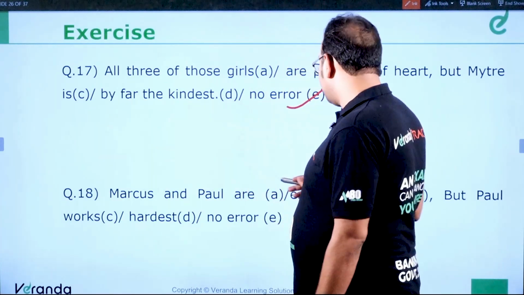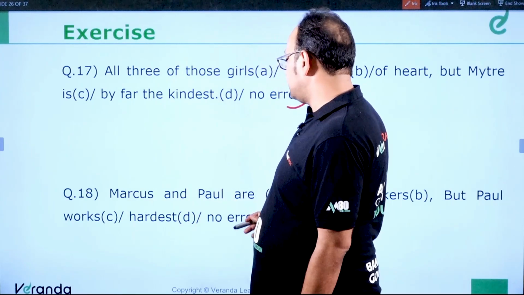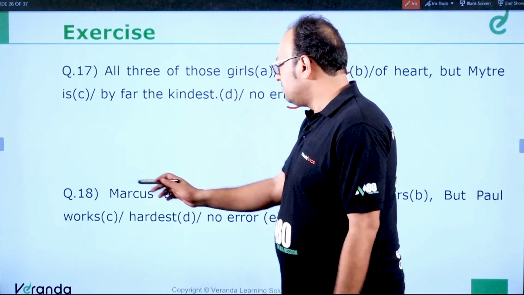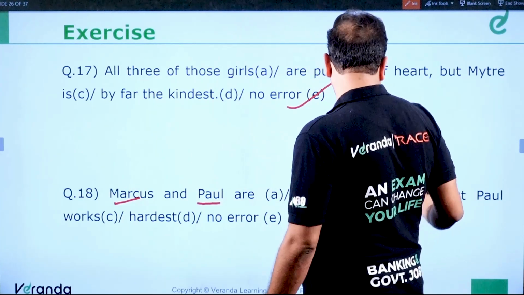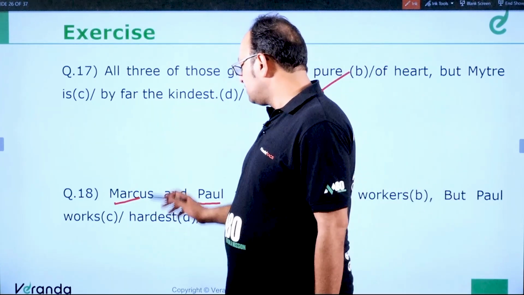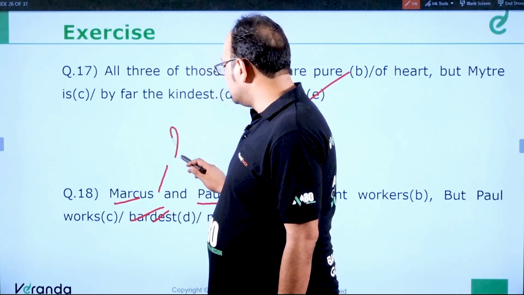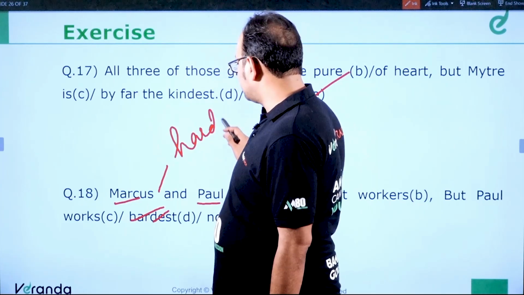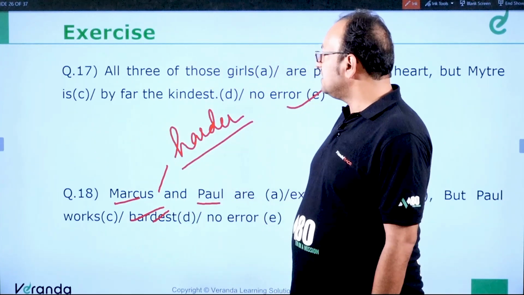Marcus and Paul are excellent workers, but Paul works hardest. This is absurd. We are talking about Marcus and Paul, two people, so Paul works harder. This should be the correct use. Comparative degree, harder. Clear? Moving ahead.